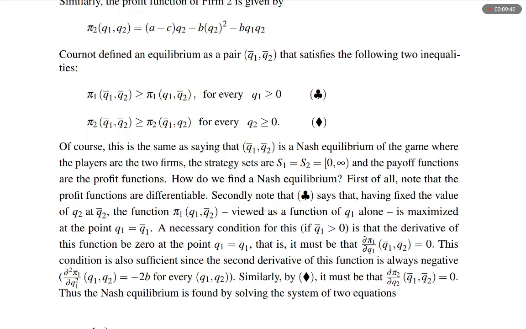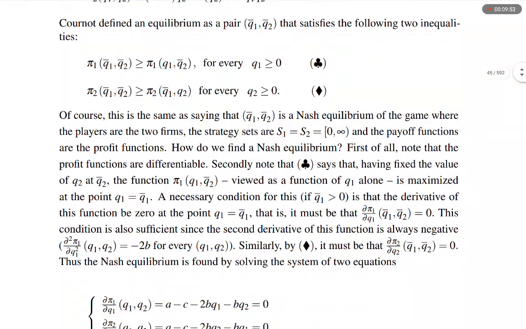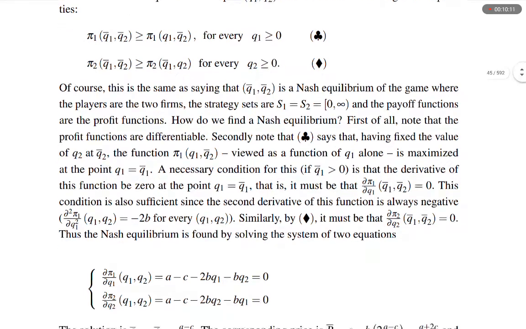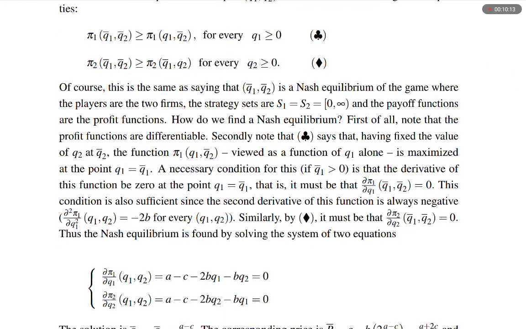Cournot defined an equilibrium as a pair (Q̄₁, Q̄₂) that satisfies the following two inequalities. π₁(Q̄₁, Q̄₂) is greater than or equal to π₁(q₁, Q̄₂) for every q₁ greater than 0.